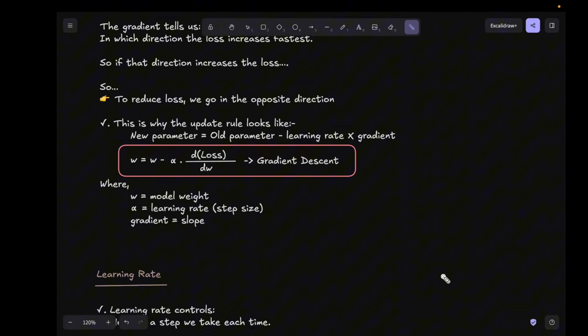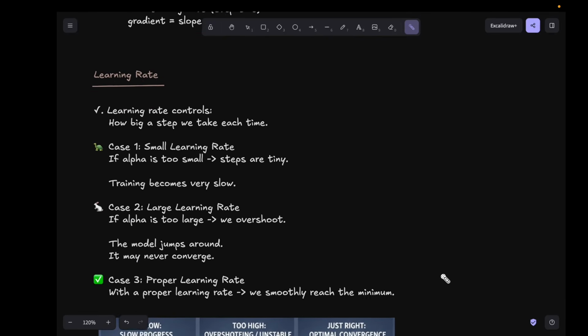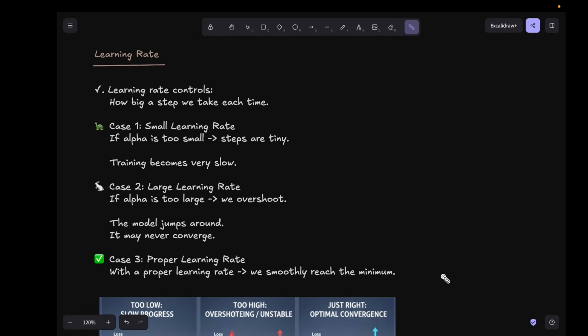So what is learning rate? We discuss it briefly. The learning rate controls how big a step we take each time.